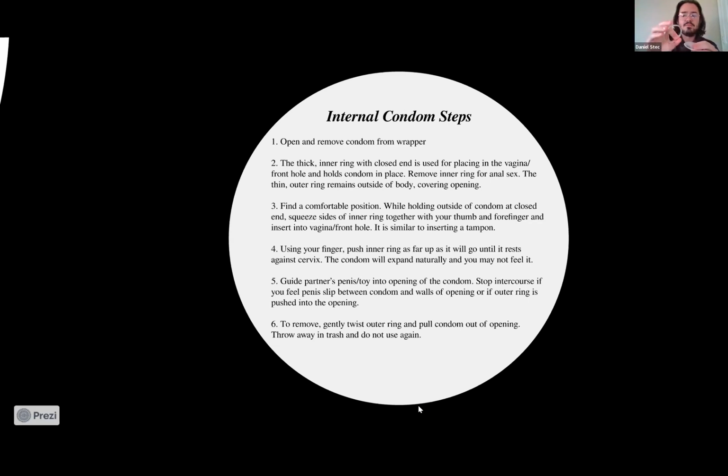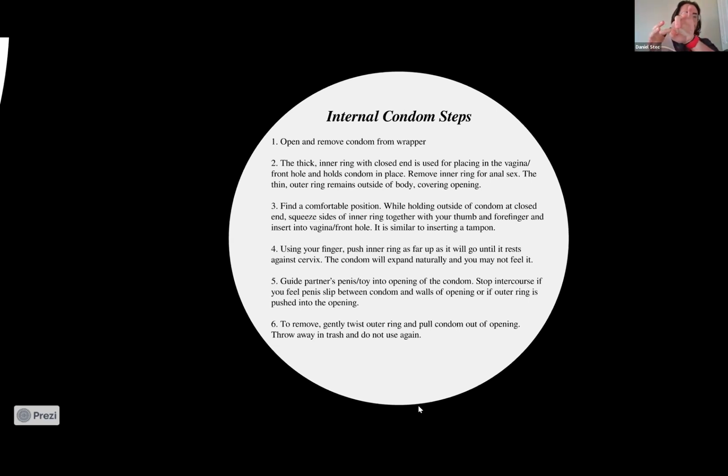It looks kind of like a hair tie, but it is much thicker, though about that size. Generally speaking, that internal ring will sit at the bottom of the condom if being used for vaginal or front hole sex. Then the inner ring is squeezed and inserted by the user once they are in a comfortable position.